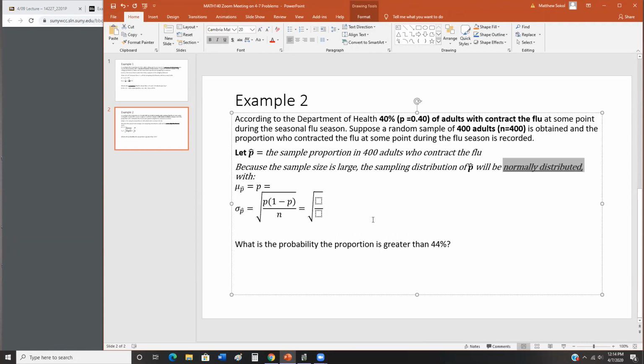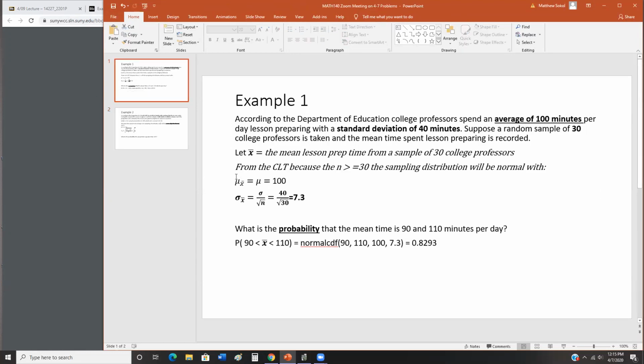This is where these types of problems get a little weird, because we're talking about a proportion here. But the sampling distribution of all the different proportions that we could take is going to be normally distributed, and we denote this mu sub p hat, which is a little bit like this right here, mu sub x bar.